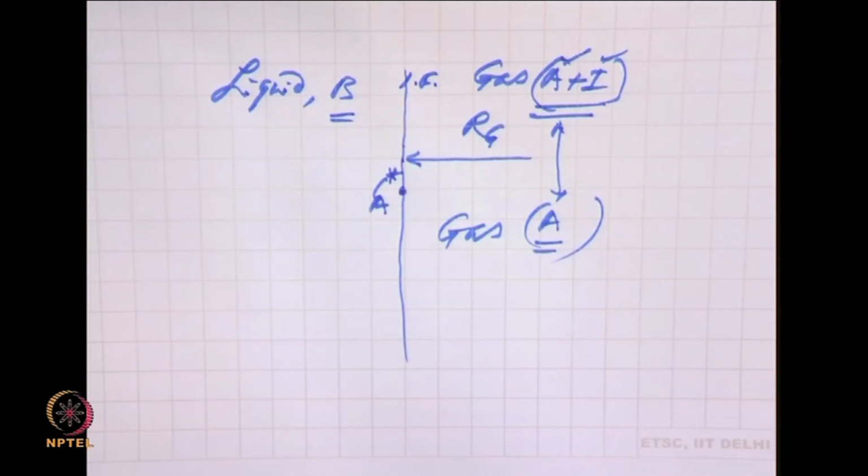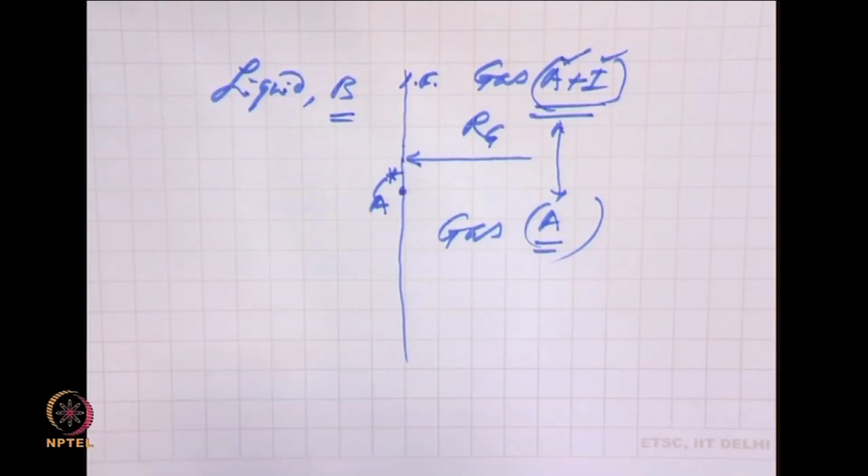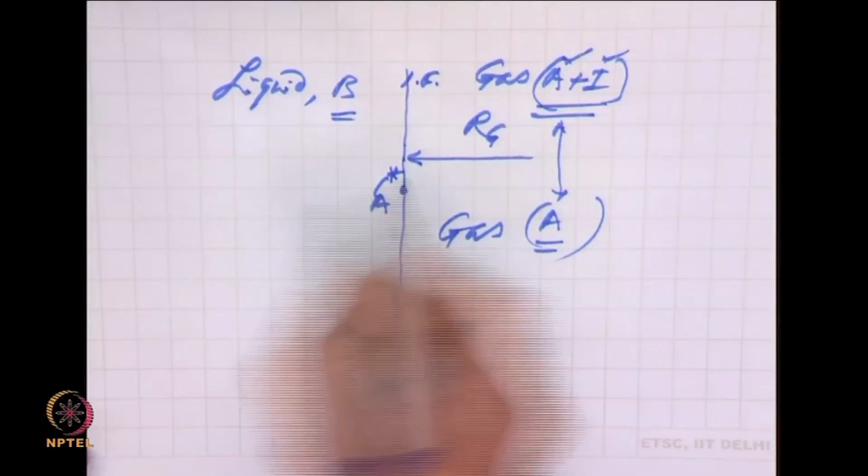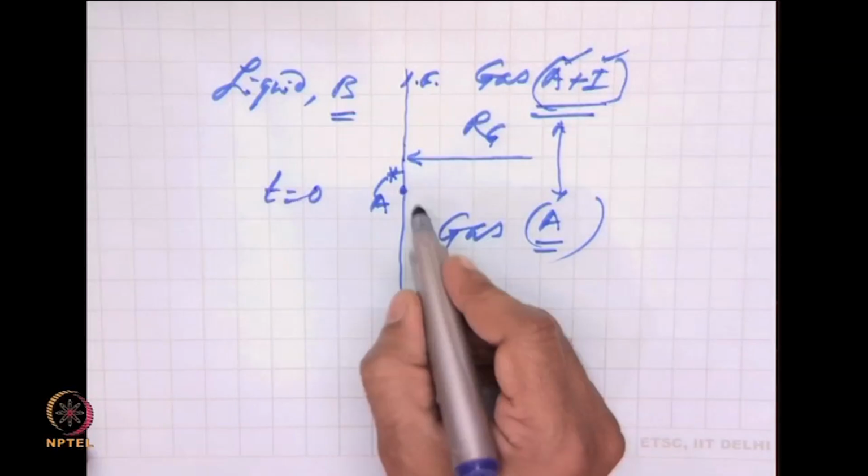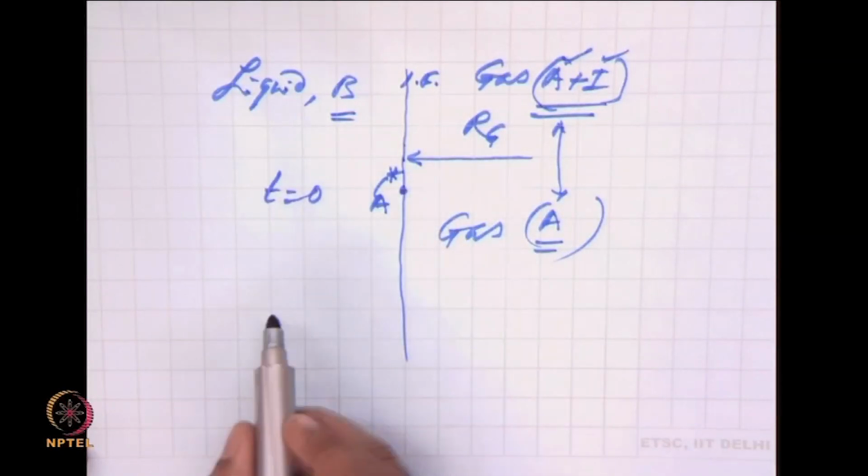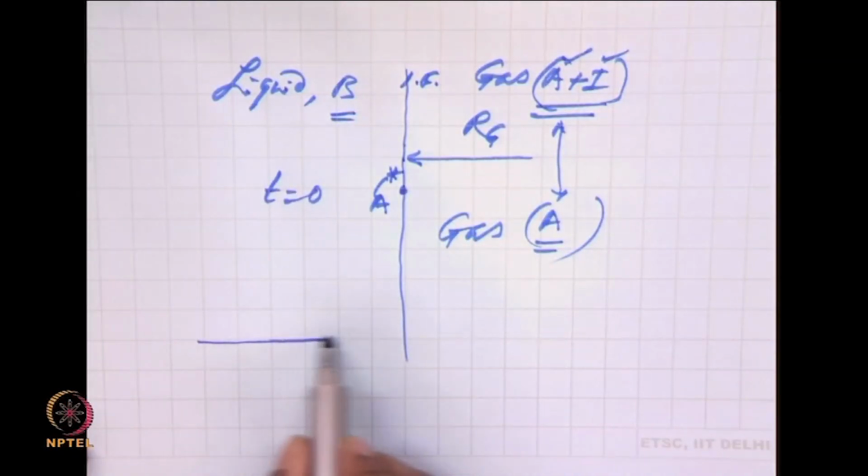The moment pure gas has come in contact with pure liquid, the interface is saturated. The liquid is pure B, there is no A to begin with, which means that at time 0, the concentration of A everywhere inside the liquid is 0.